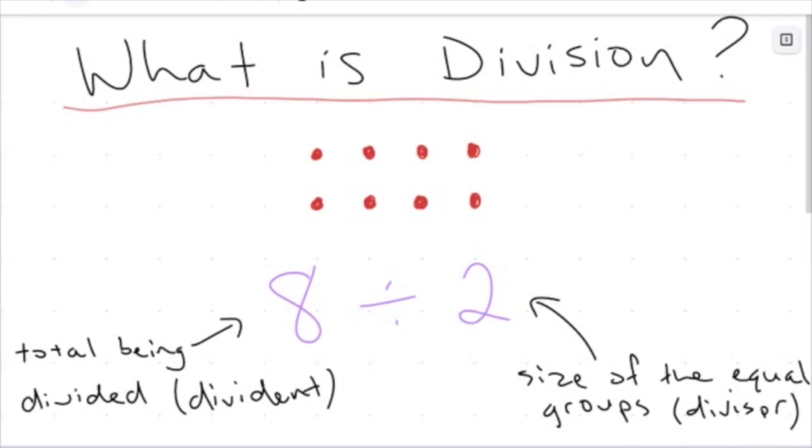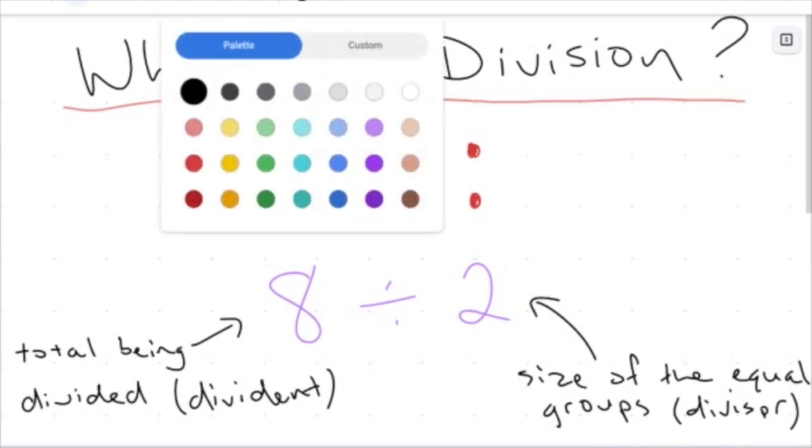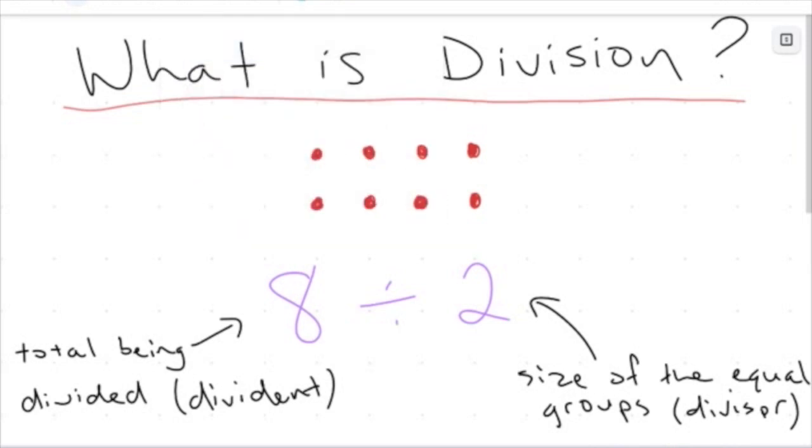So this just tells us if I split this number 8, I want to split it into 2 equal parts. Now, I can think of my little coins here that I've drawn. Say I wanted to split this in half. Well, what if I draw a line just directly through these here?